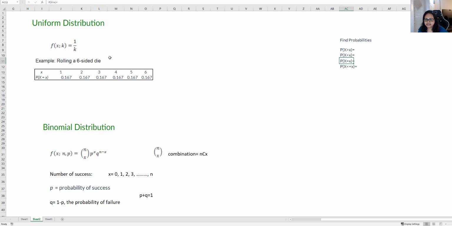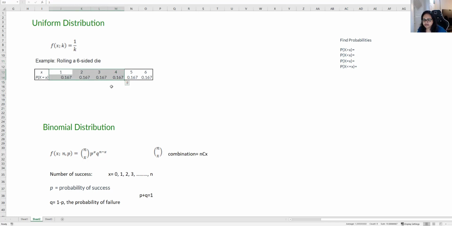Probability of finding exactly one value. Probability of finding less than or equal, that means I'm including the value and the values less than it. That means you have to think about the distribution we have here, and in the objective, what I am actually asking you to find, which probabilities I have to add.